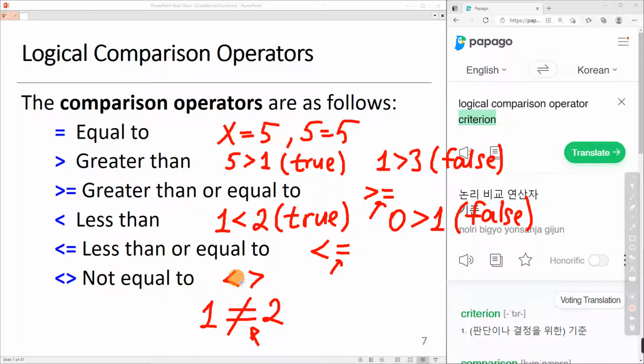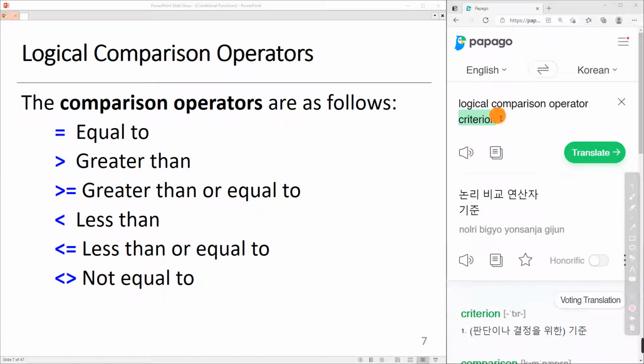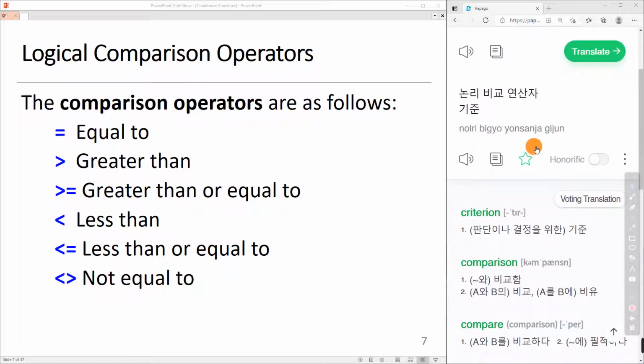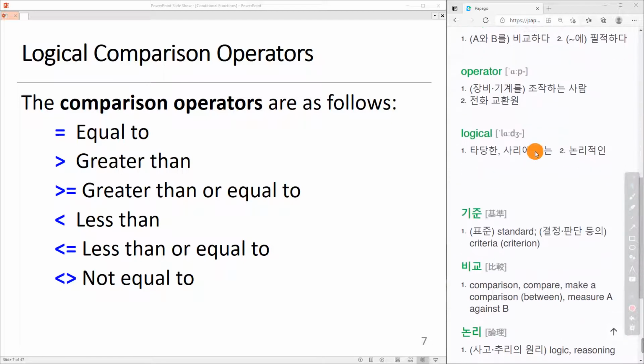So instead of this, we use these two symbols, which mean not equal to. I hope you understand these comparison operators, or you can say logical comparison operators. So the translation is somewhere here.